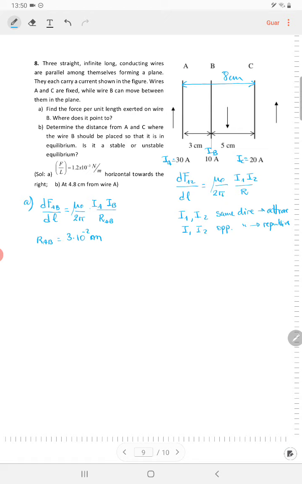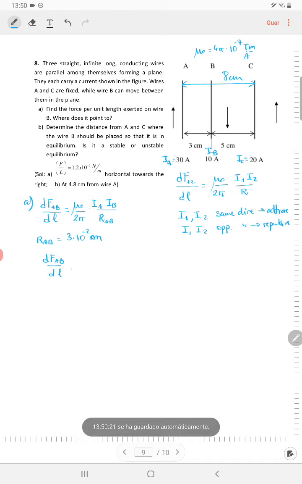And mu sub 0, we also know that mu sub 0 is 4 pi times 10 to the minus 7 tesla meter divided by ampere. So if we put everything together, we have that this force, its magnitude, is equal to 2 times 10 to the minus 3 newton per meter.